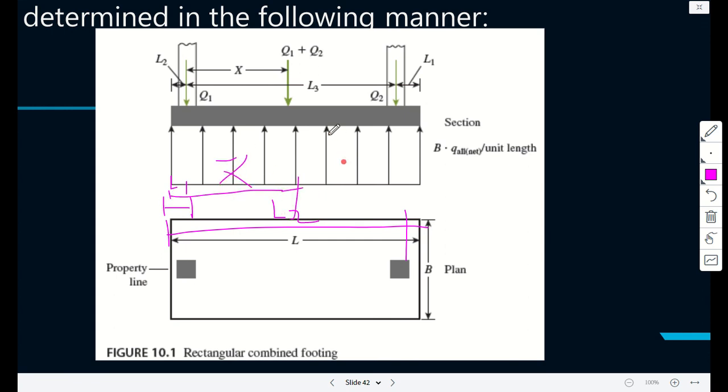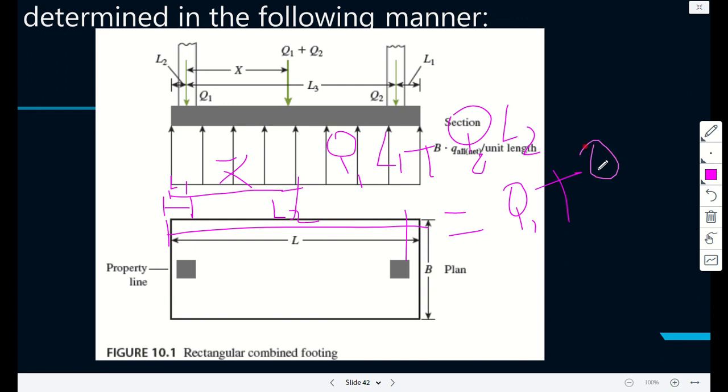Then q1 times L1 plus q2 times L2 should be the same as q1 plus q2 times x bar. You know all the other quantities, so you can calculate x bar.